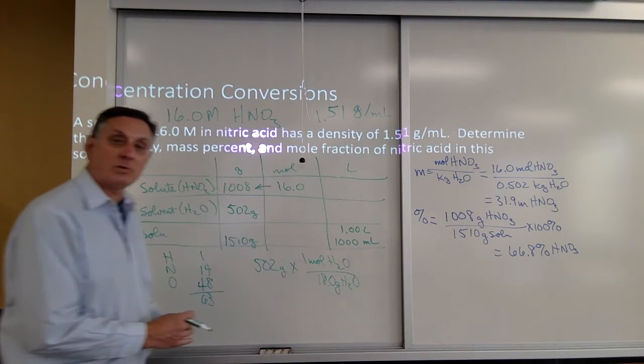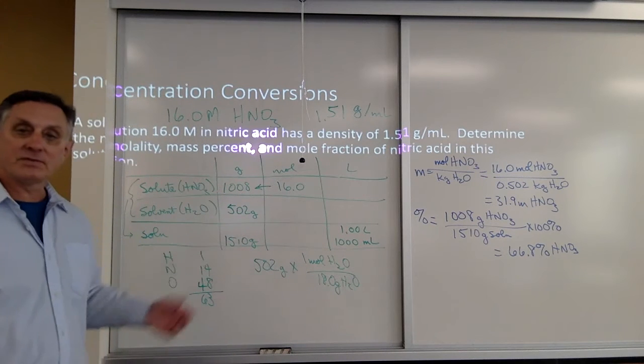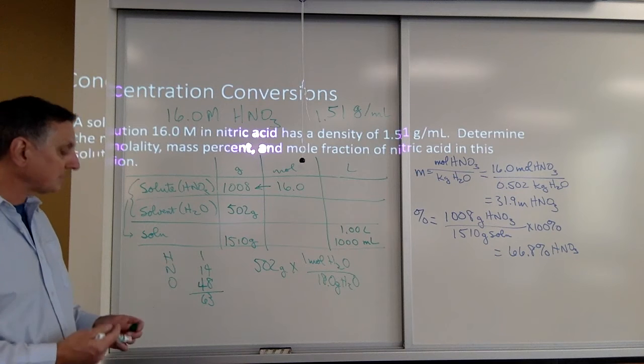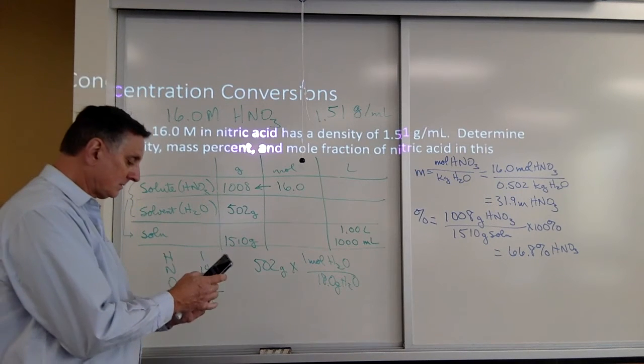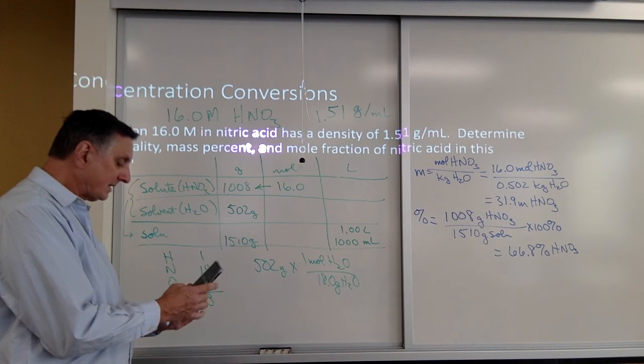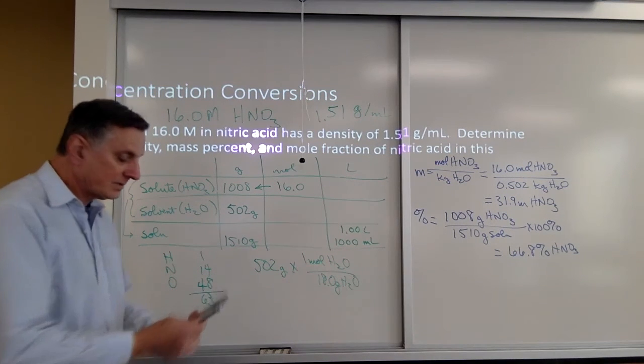Remember all this from Gen Chem 1? Grams to moles conversions, atomic or molar mass stuff. So 502 divided by 18, 27.9.